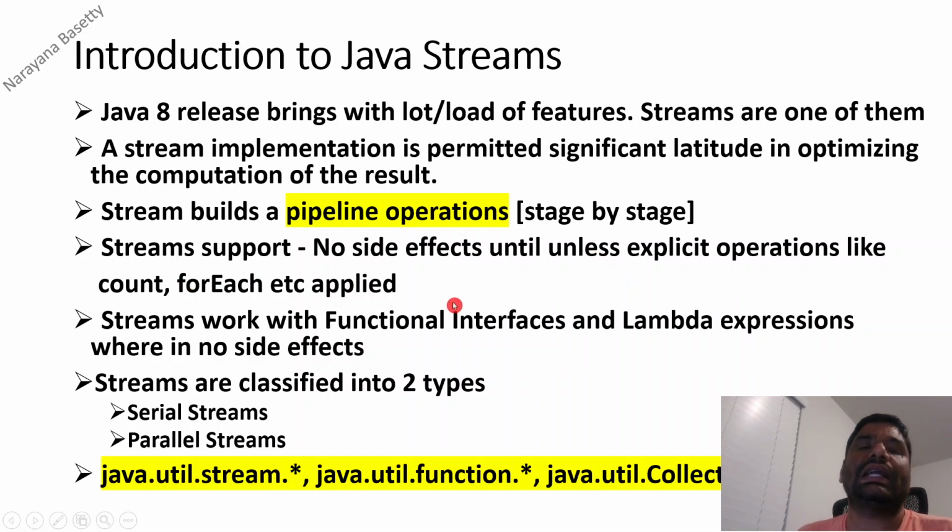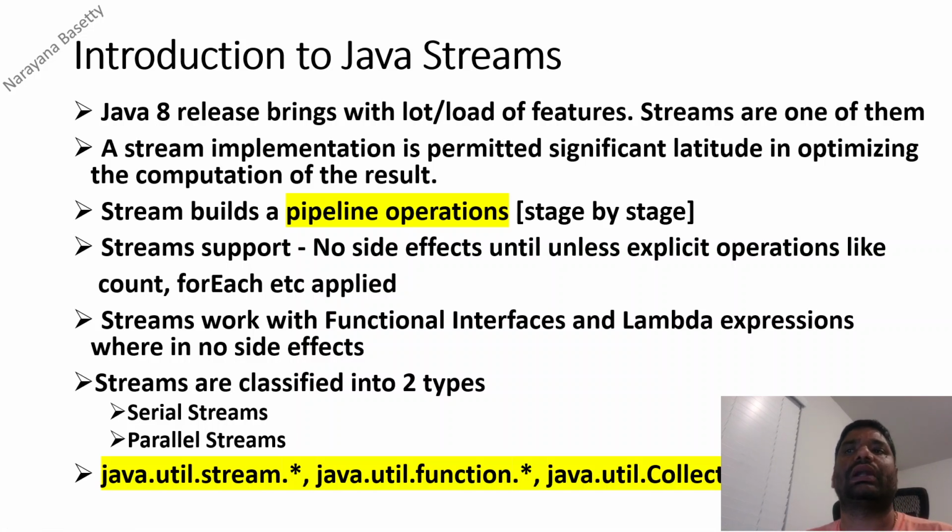In case you are going to change the object structure, say you have the salary and you want to change the salary of the person with a particular ID, that means your record is getting changed. This is a violation of the functional programming model. Such operations are also possible whenever you are doing a count or forEach; it is possible to affect your actual data, and that we call non-functional programming in that particular piece.